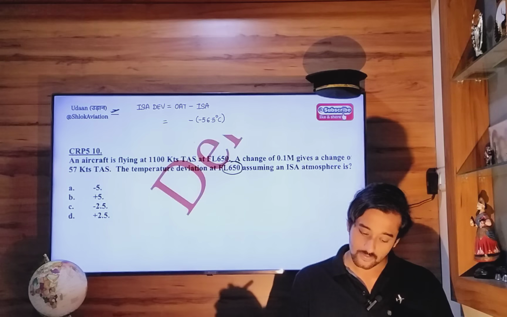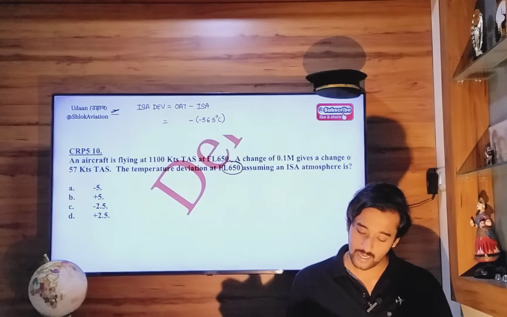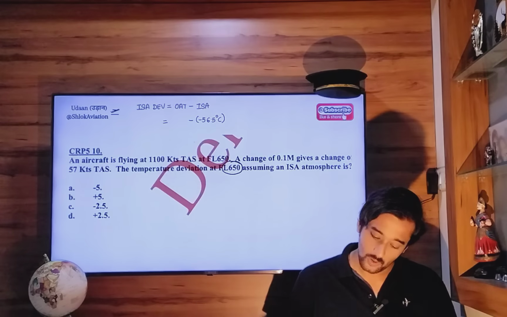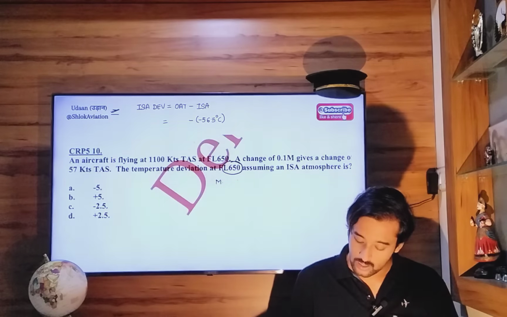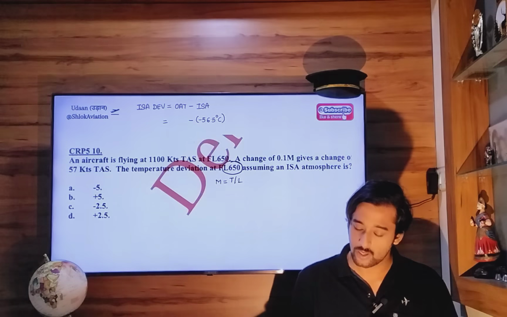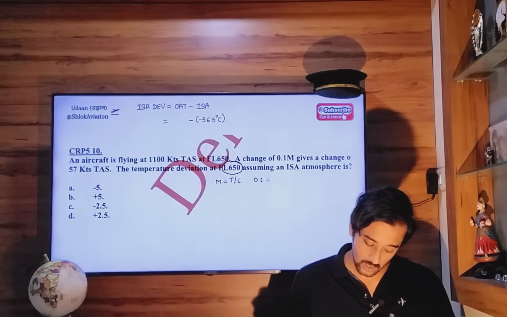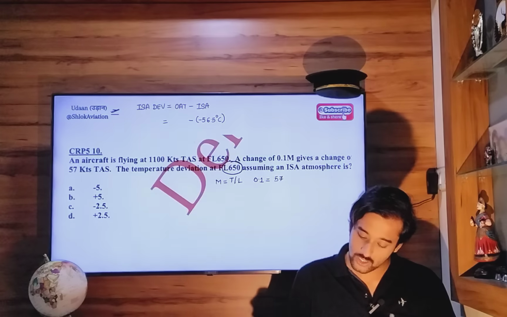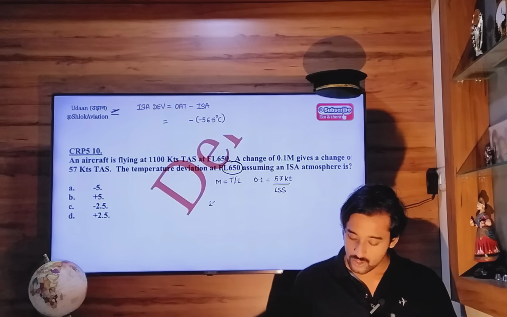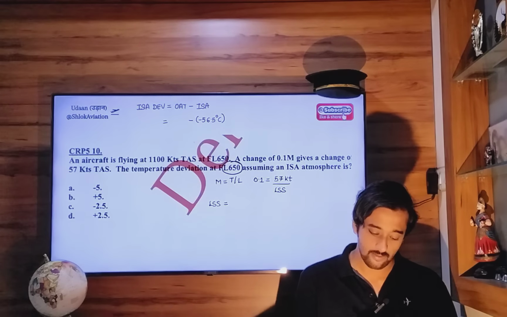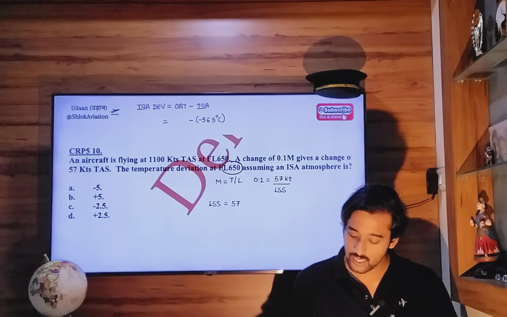Let's find out the current outside air temperature, the ambient temperature. Mach number equals true airspeed divided by local speed of sound. A 0.1 Mach number change equals a TAS change of 57 knots divided by local speed of sound. So local speed of sound is 57 divided by 0.1, which is 570 knots.